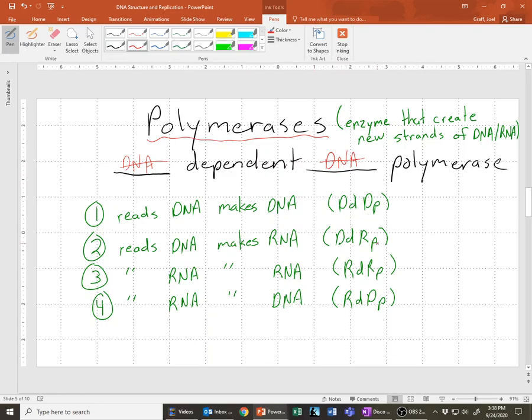And so you can shorten that up to a capital D for DNA, lowercase d for dependent, capital R for RNA, lowercase p for polymerase, DNA-dependent RNA polymerase. If it reads RNA and makes RNA, it's an RNA-dependent RNA polymerase. And if it reads RNA and makes DNA, it's an RNA-dependent DNA polymerase. And so those are the 4, and that will come up again in a future lecture.